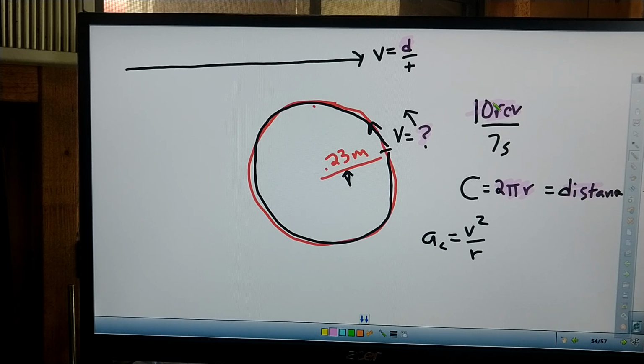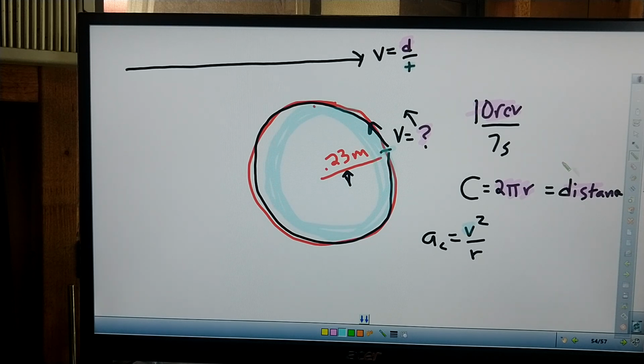And it will go that distance in 7 seconds, so velocity equals distance over time. Then you put that velocity in and tell me the centripetal acceleration of that piece of tape as it goes around and around.